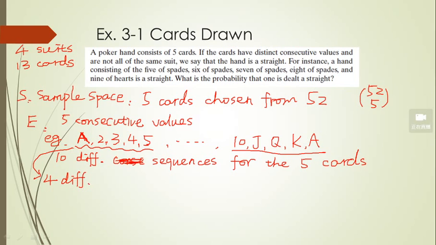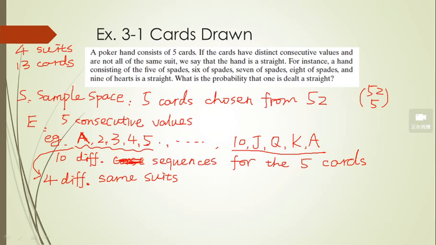I mean, if they are the same suit, because a straight means they are not all the same suit. So for each sequence, they are going to have 4 same-suit versions. Make sense? Like this Ace, 2, 3, 4, 5, you can have the spade, the heart, the diamond, the club. Only 4 with the same suit.